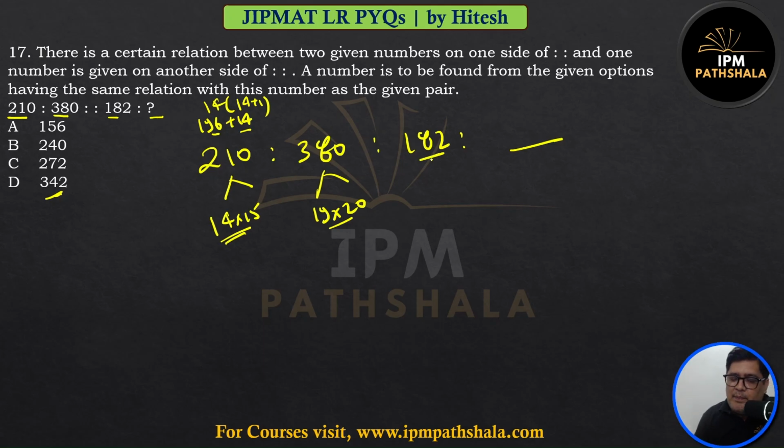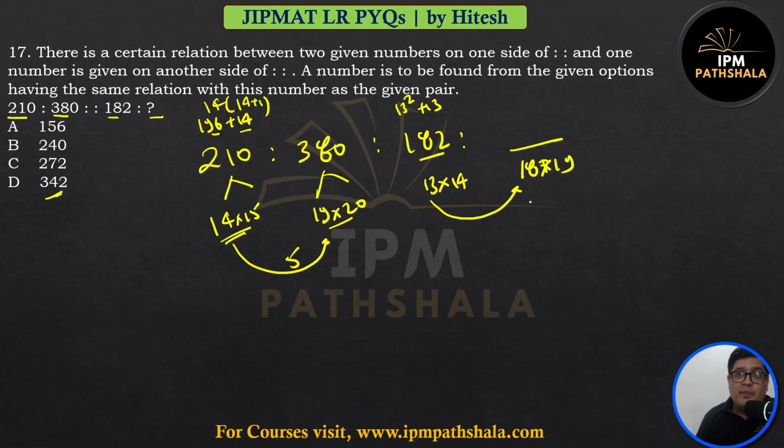Is this also a multiple of consecutive numbers? 13 square is 169 plus 13. Absolutely. This is 13 into 14. So what should come here? From here to here, there's a gap of 5. So from here, if I perform a gap of 5, I'll have 18 into 19. I'm not very strong with multiplications. If this was 18 into 20, this would be 360 minus 18. So 342. Answer option D makes perfect sense.